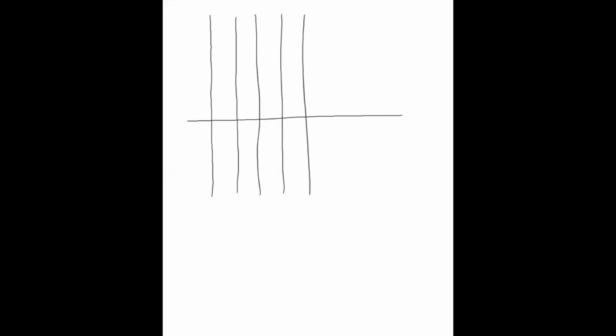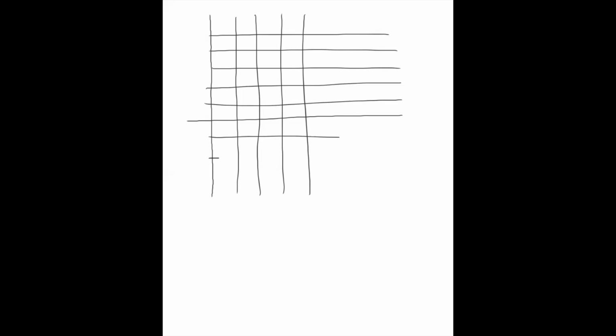I'm going to draw a slightly bigger piece of the grid now. Say the point 25 comma 15 is somewhere here, and you start from 1 comma 1.